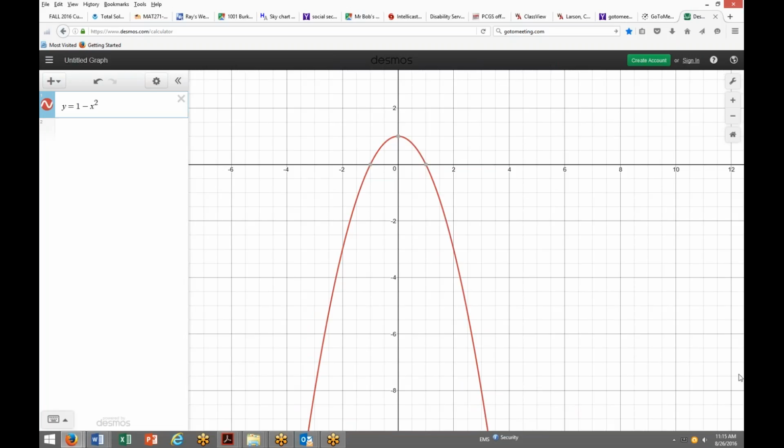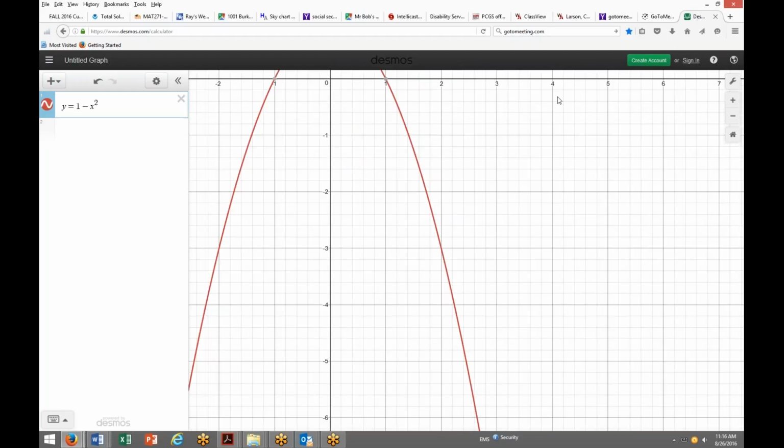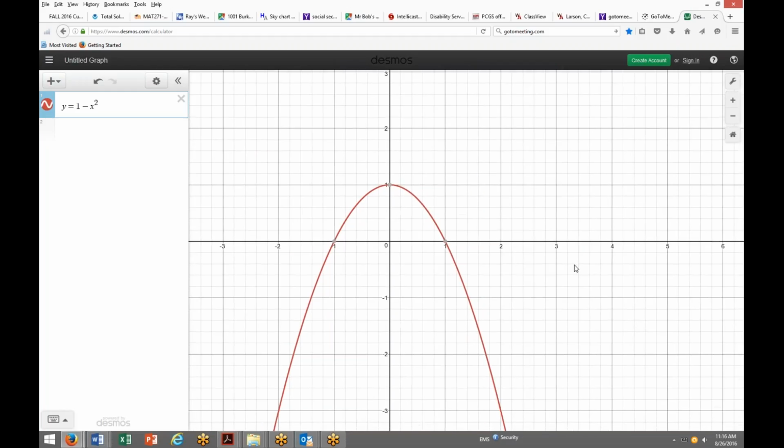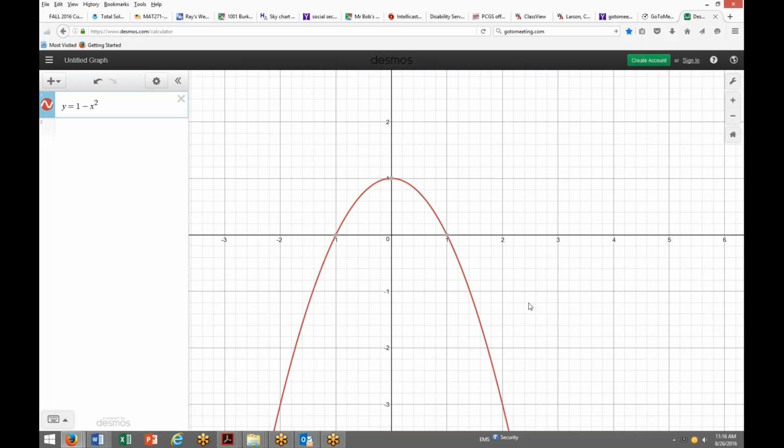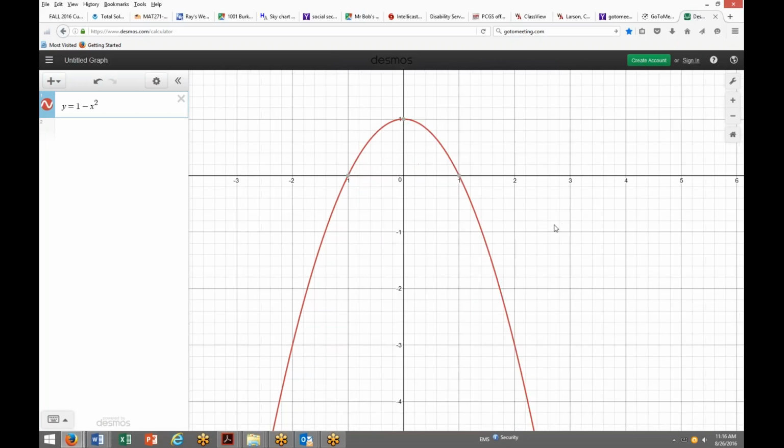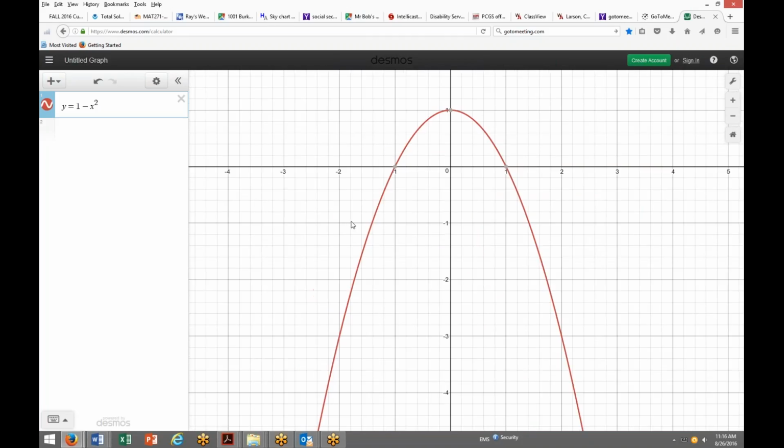And so it goes up to y equals 1, and then plunges down forever in both directions, off to the left and to the right. And yes, there is no limitation as to how far to the left you can go or how far to the right you can go. The point is the x values are absolutely unlimited.